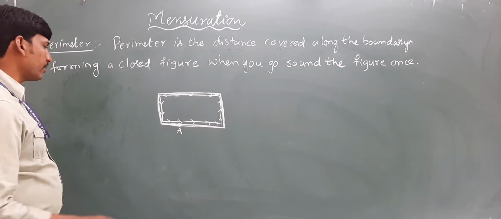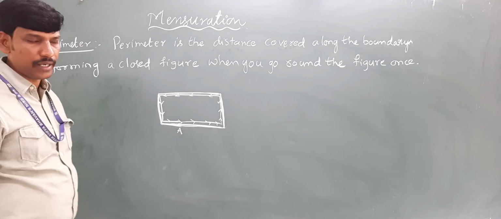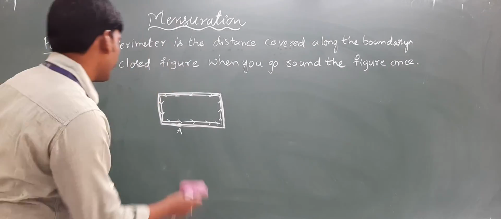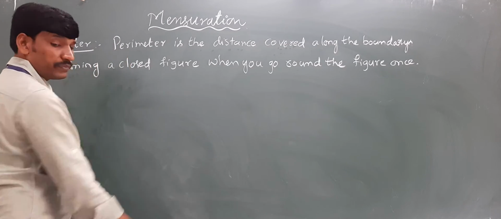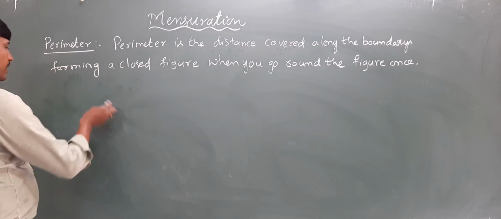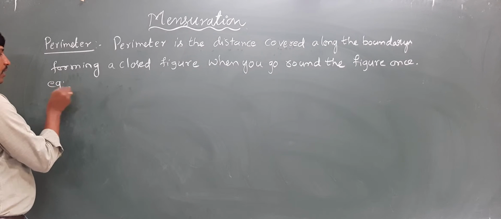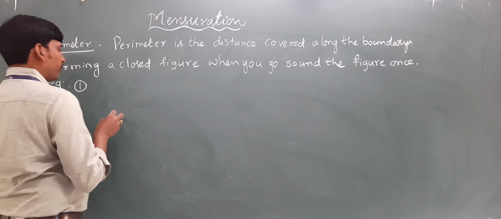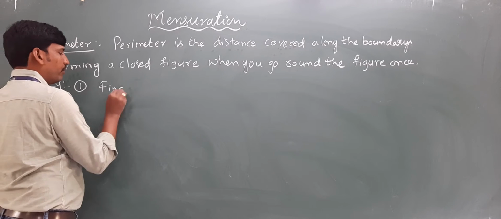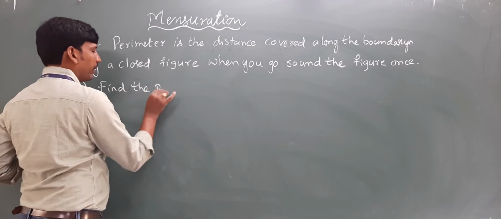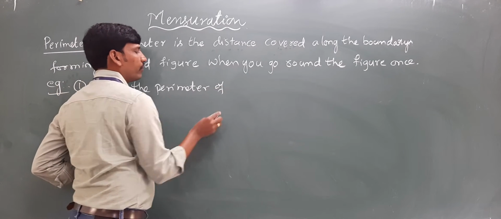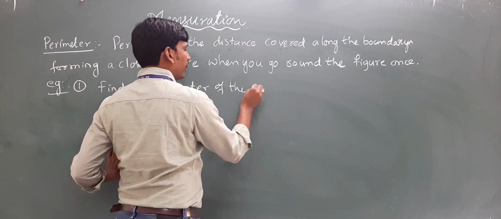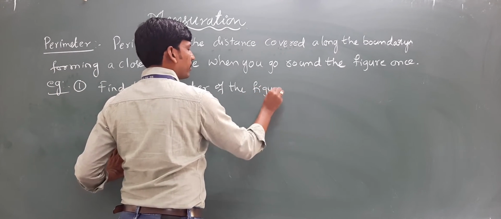So let us take a simple example to understand it geometrically. Now suppose I am drawing a figure here. I am giving some lengths of the sides. Let us take a small example. Find the perimeter of the figure.